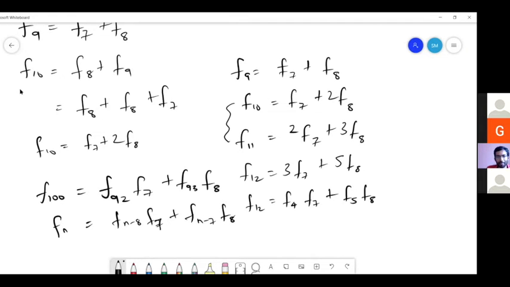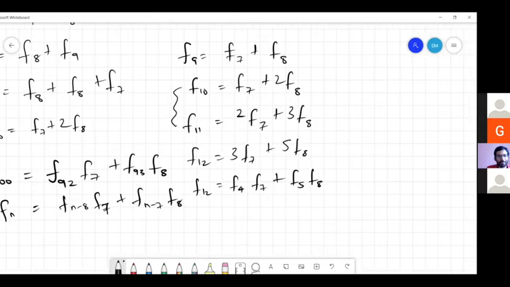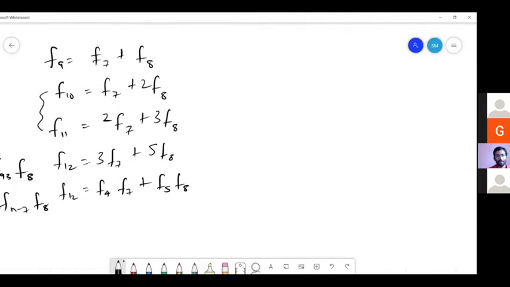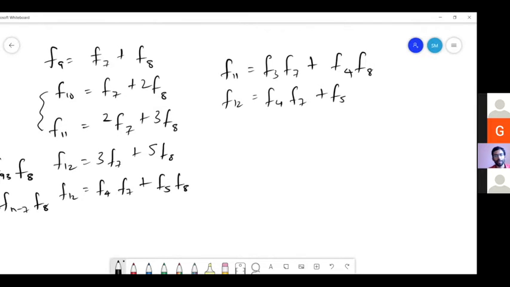And we can write, so F11 actually happens to be the third Fibonacci number F3 into F7 plus F4 into F8. And F12 happens to be F4 into F7 plus F5 into F8. So F13 again is the sum of these two.